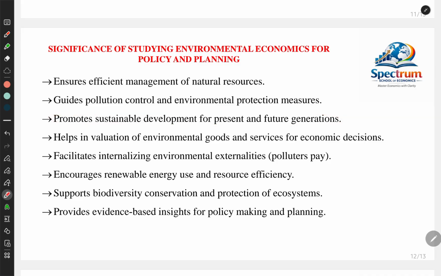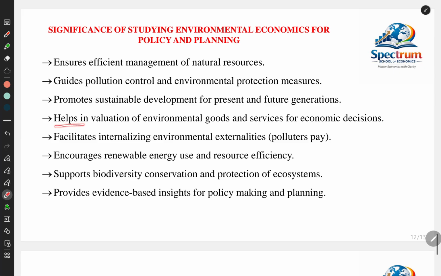This is very important. It also helps in valuation of environmental goods and services, and it facilitates internalizing environmental externalities. It also encourages renewable energy use and resource efficiency. It supports biodiversity conservation and protection of ecosystems, and it also provides evidence-based insights for policymaking.